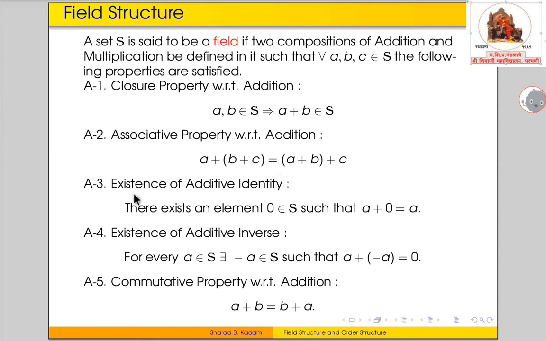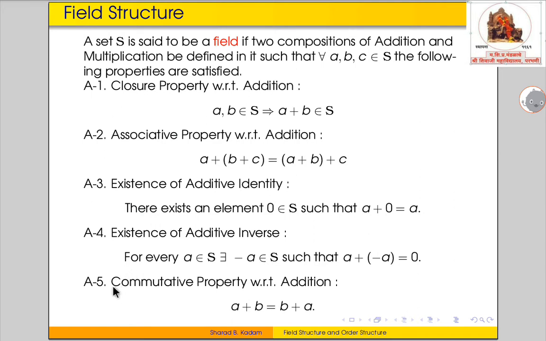Third property is existence of additive identity, and it states that there exists an element 0 in the set S such that A plus 0 equals A. The fourth property is existence of additive inverse, and it states that for every A in the set S, there exists an element minus A in the set S such that A plus (minus A) equals 0.